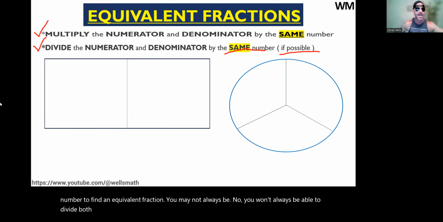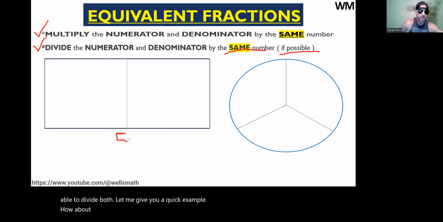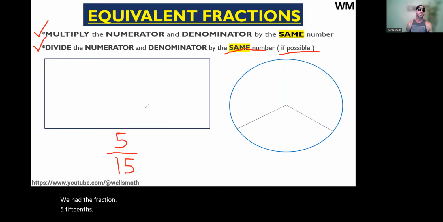Let me give you a quick example. How about let's just do one a little basic. We had the fraction 5/15, and we wanted to see if we could divide this fraction by the same number on top and bottom to get an equivalent fraction.